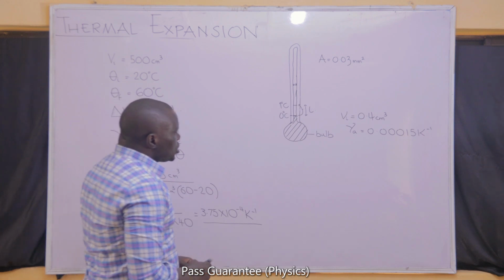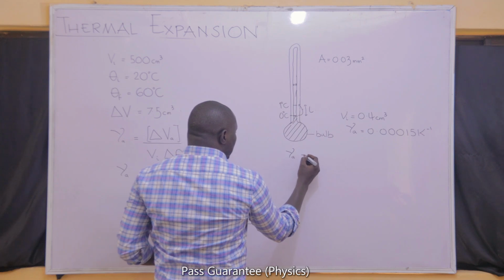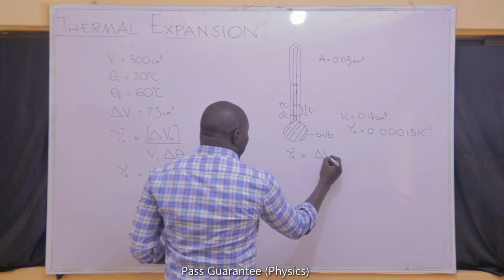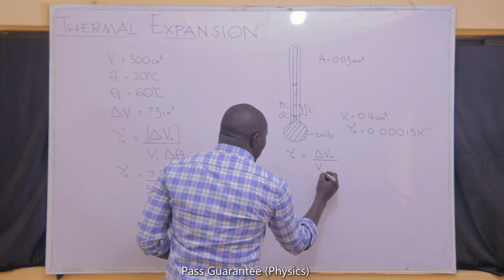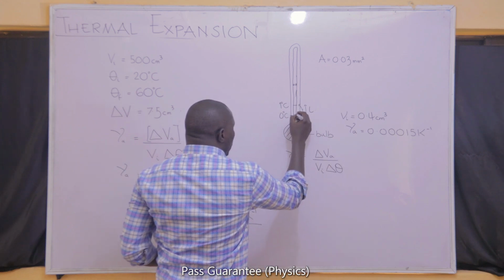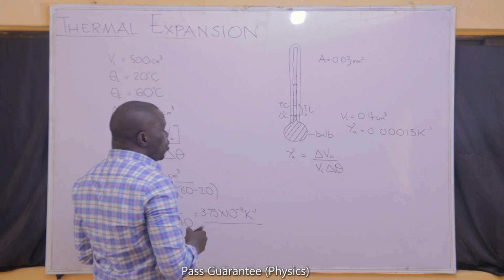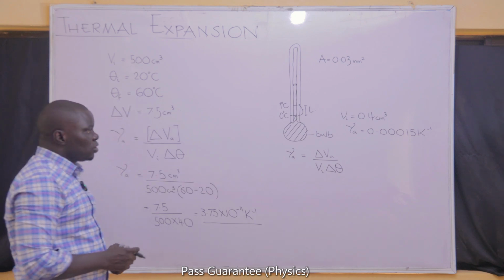So we can use the apparent cubic expansivity to find the apparent change in volume that will occur to this mercury when it is exposed to a temperature increase of 1 degree Celsius, that is from 0 to 1.